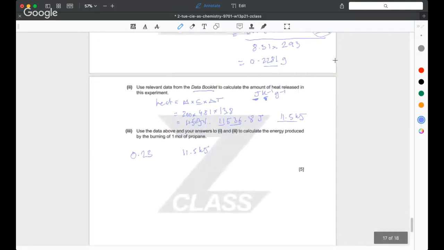And so you just got to multiply up here so that 44 grams of propane will give this number of kilojoules of heat that's released.